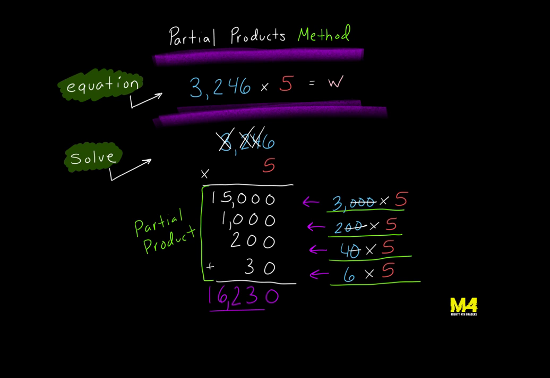With this answer, if we go all the way back to what we started at the top, we can now say that W is going to be equal to 16,230.